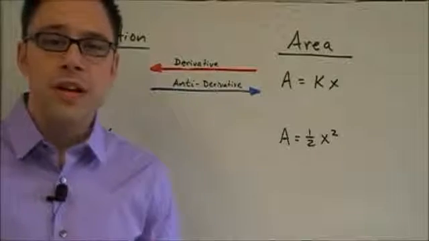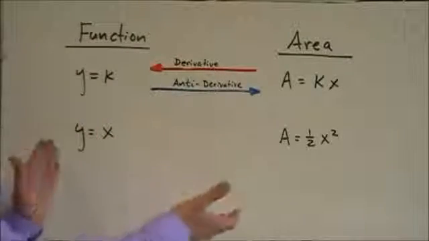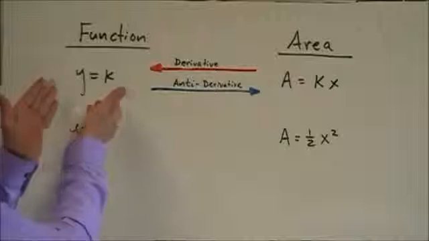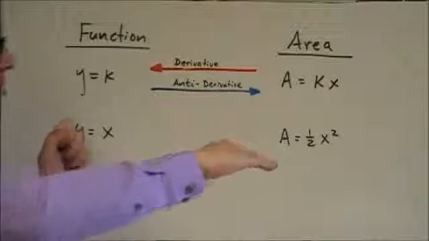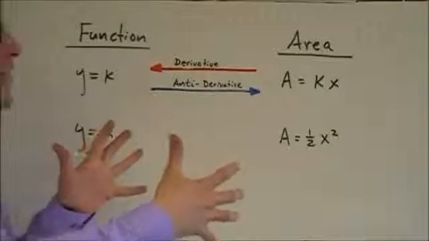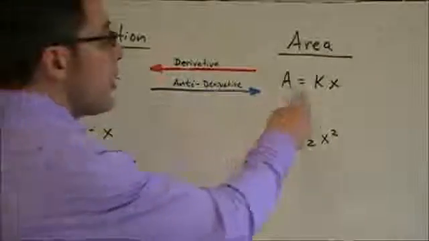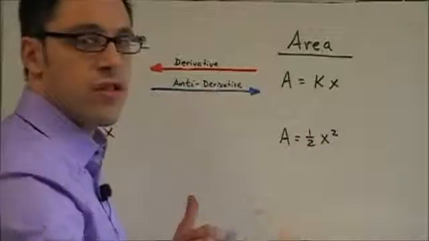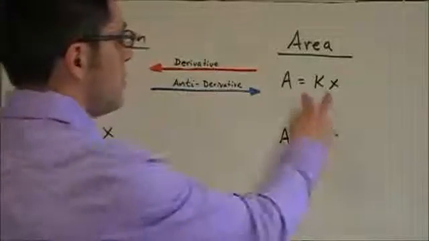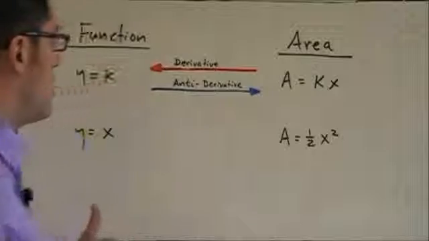So more explicitly, I've written this down again. We started with the function y equals k as the top. That was the constant function. That was what created the rectangle. And the area underneath that rectangle, starting at 0, out to some distance x, was given by kx. Okay?